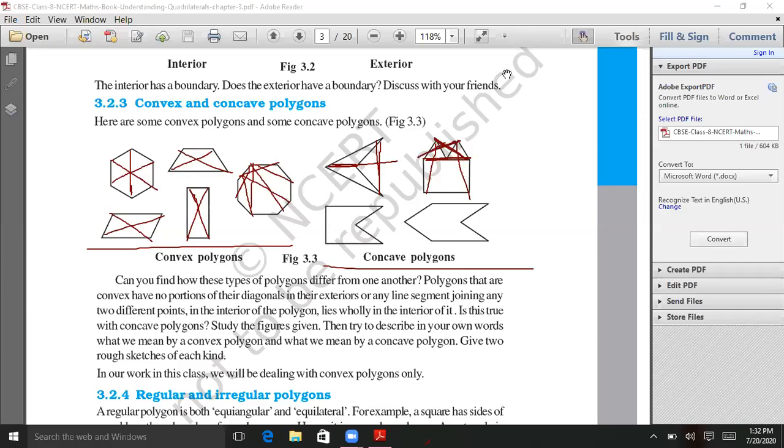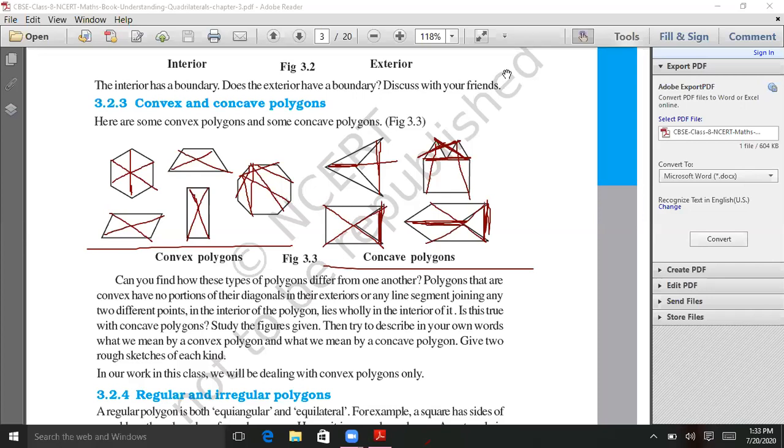You can see the diagonals are going outside in the exterior. You can see here also like this. ये दोनों opposite vertex हैं outside. Okay, here also same. These are the opposite vertex.